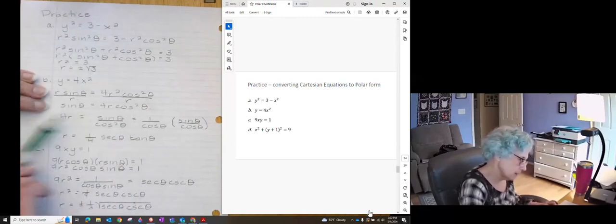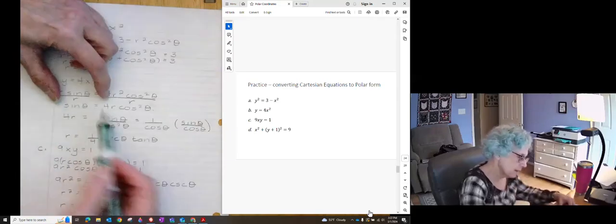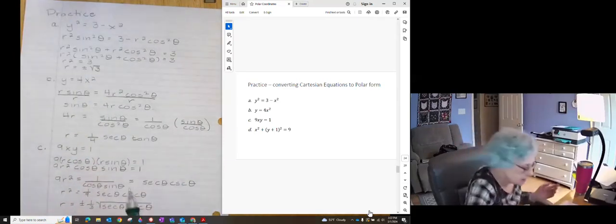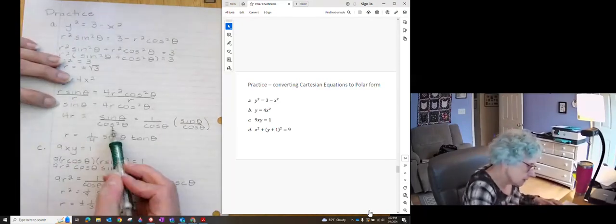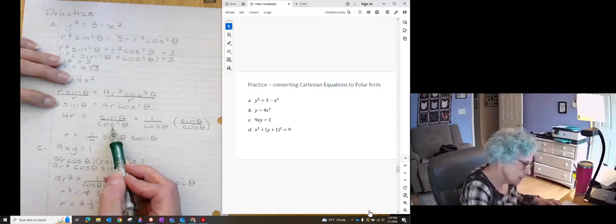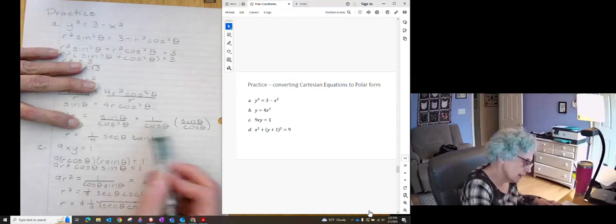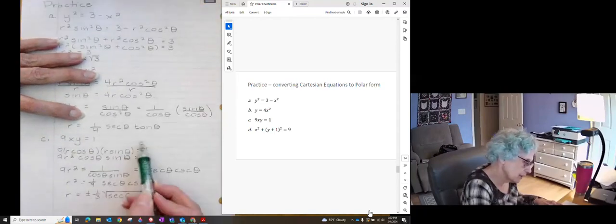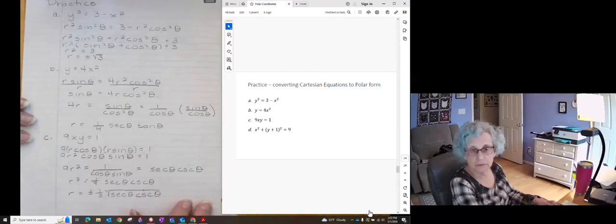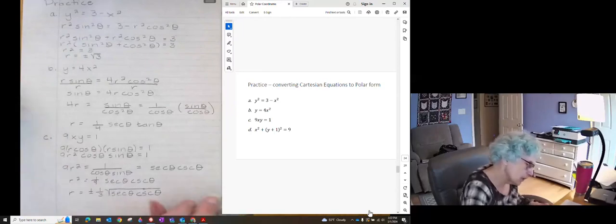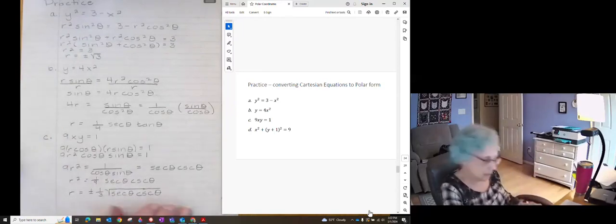I divided both sides by cosine squared, and then I just switched them places because I like my r on the left-hand side. So I ended up with sine over cosine squared is equal to 4r, and I divided that into 1 over cosine times sine over cosine, so I ended up with secant of theta times tangent of theta, so r is 1/4 secant theta tangent theta.